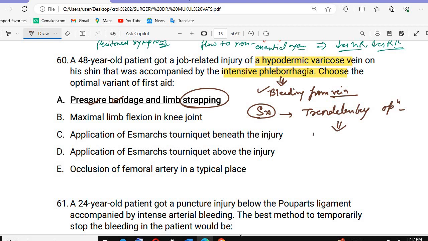Along with that flush ligation, we do the stripping of the great saphenous vein, because we discussed that in varicose veins the great saphenous vein is the main culprit. So that's why we will do the stripping. Stripping means we will remove it or ligate that great saphenous vein, so the blood flow will be decreased in that condition.